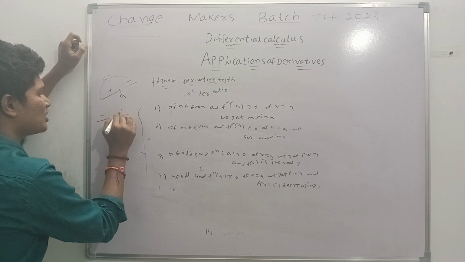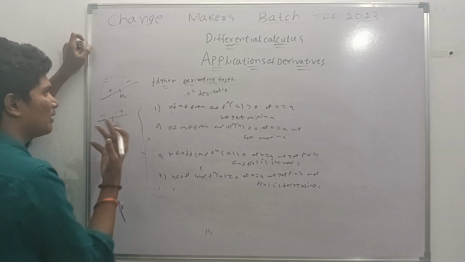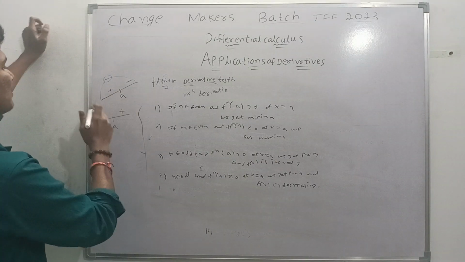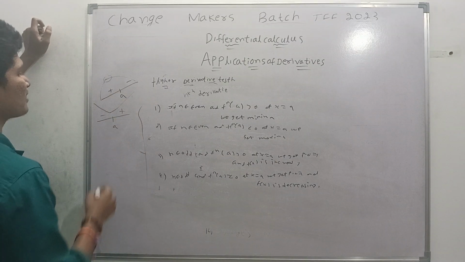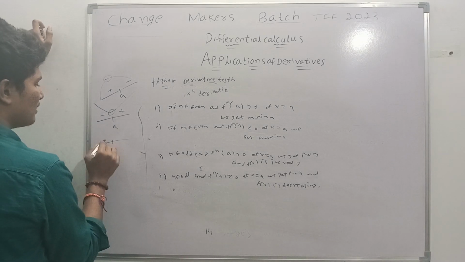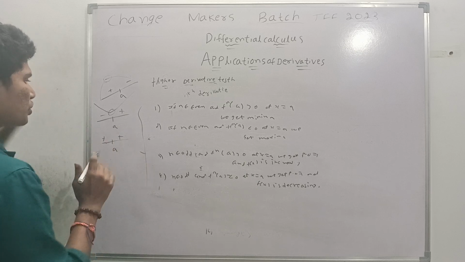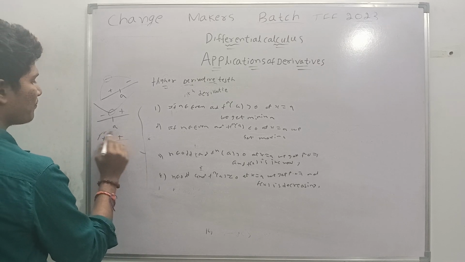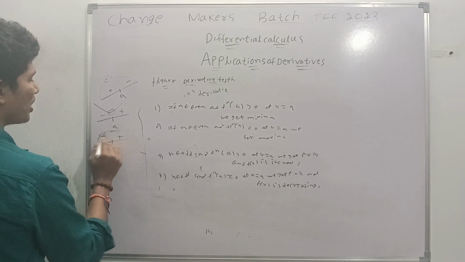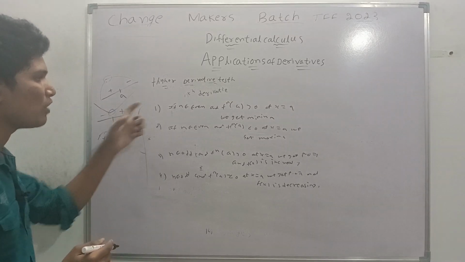Suppose there is a situation where first the graph decreases and next the graph increases. What we can say? The reverse of this. So we will get minima here. But when you see the case where both before A and after A you get positive, it means the point of inflection. Point of inflection, the curvature will come. So for these curvatures we are discussing here.